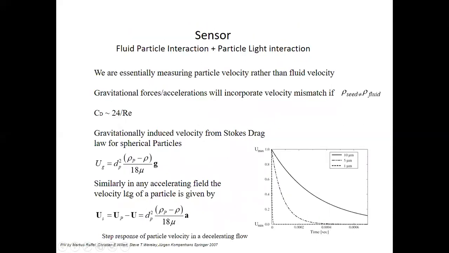And then similarly, as long as I have acceleration or deceleration, this will be my shift velocity. What is really important is that if the density of particles is exactly the same as the density of the flow, then you will see nothing, right? This value will be 0.